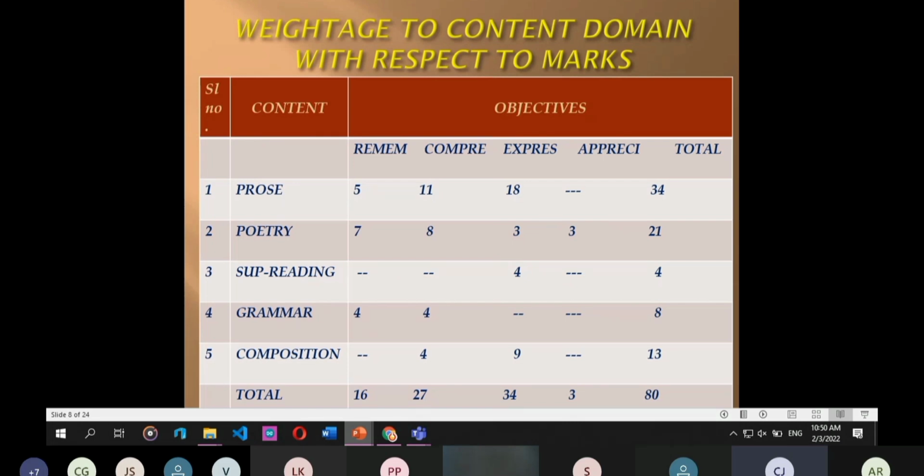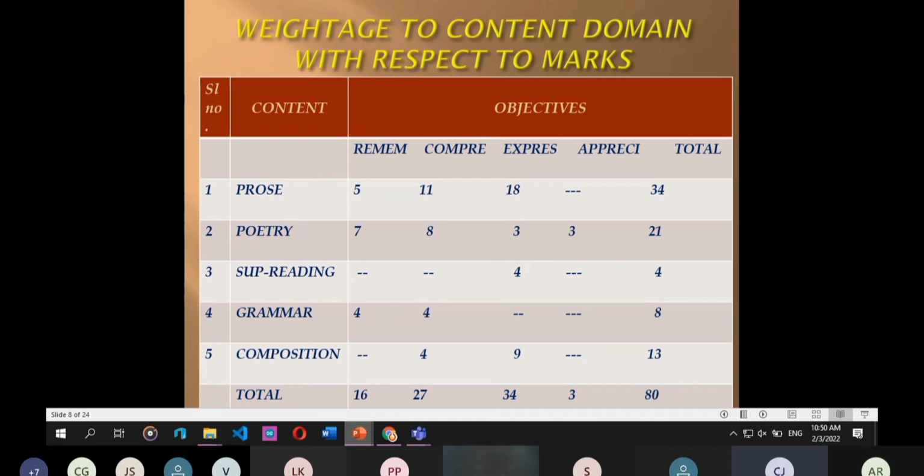Supplementary: here an expression question is asked for the supplementary. No remembering, no comprehension, no appreciation. Totally 4 marks. Then grammar: remembering 4, comprehension 4, totally 8. Then composition: comprehension 4, expression 9, total 13. These numbers are objectives with marks.